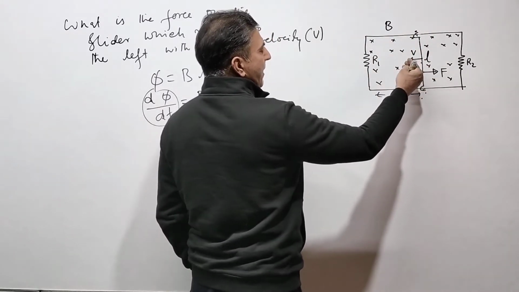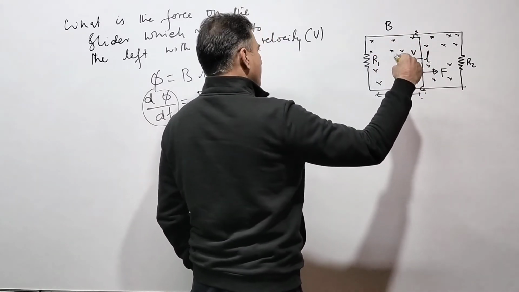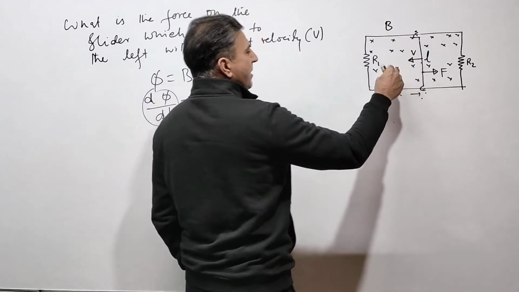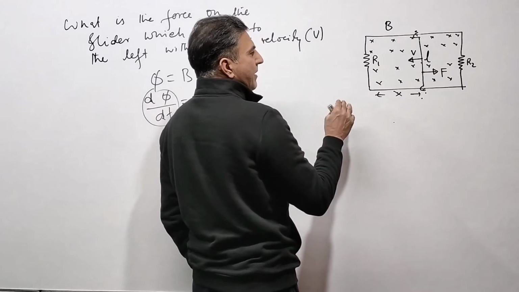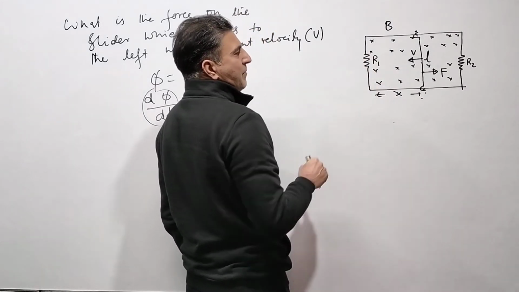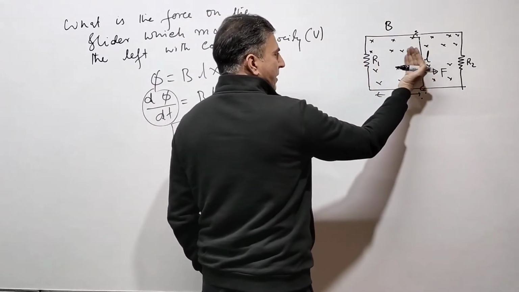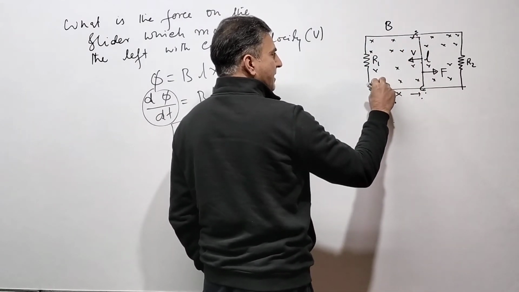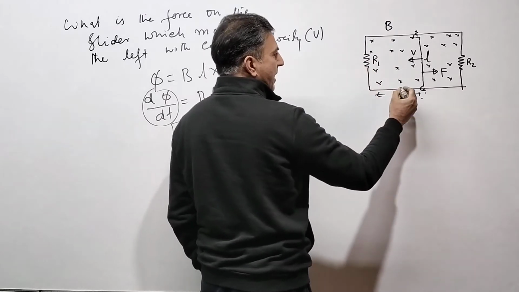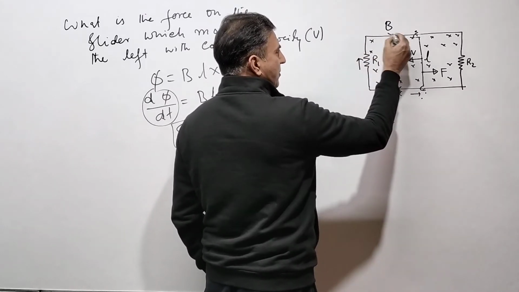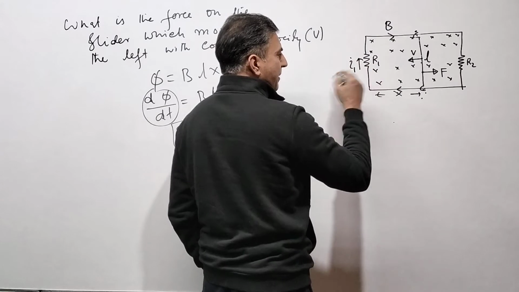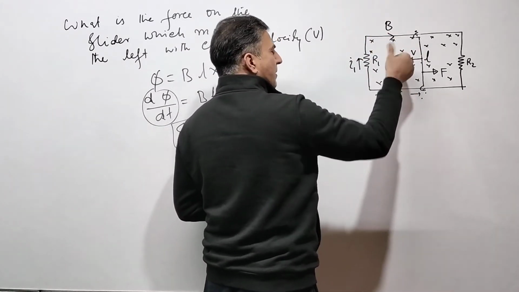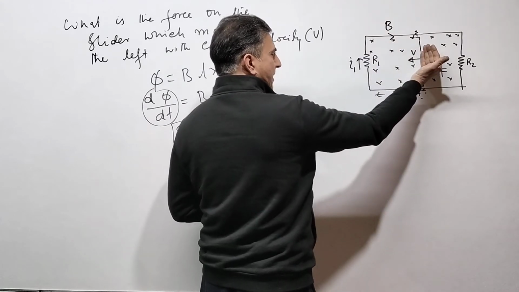When the slider goes to the left, this flux, whose direction is inwards, will decrease. The current will be in such a way as to increase that flux. So the current has to have this direction, let me suppose I1, so that this current will produce its own field inwards, because the inward flux is decreasing by pushing the slider to the left.